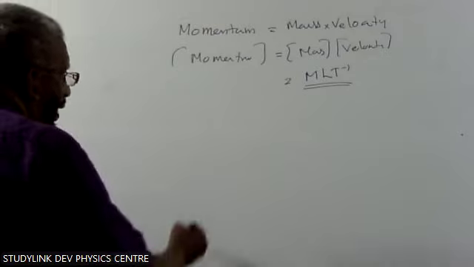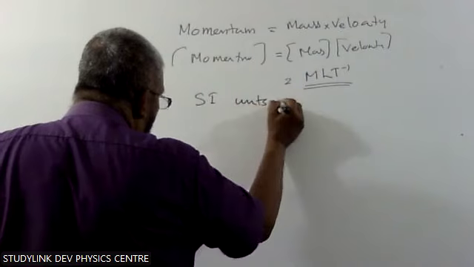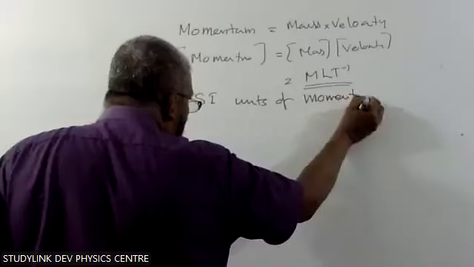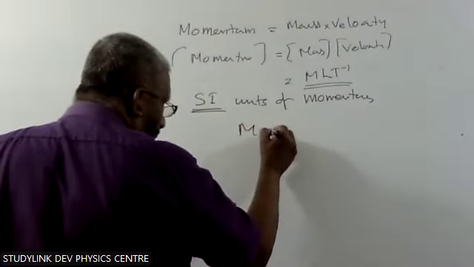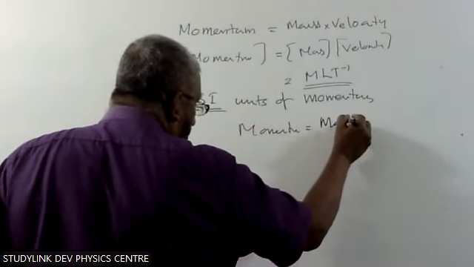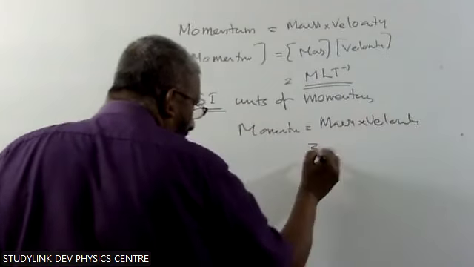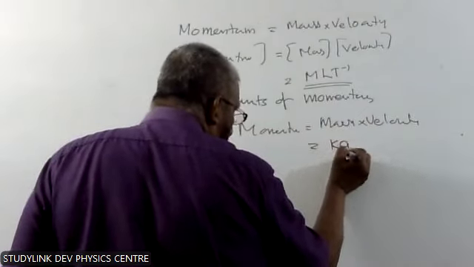So then, if you want SI units of momentum, momentum is equal to mass into velocity. Mass is kilogram.